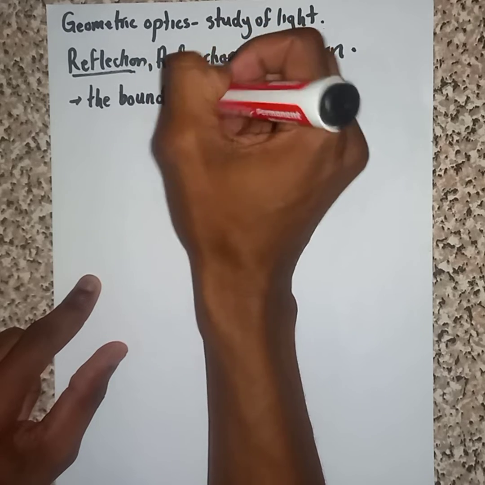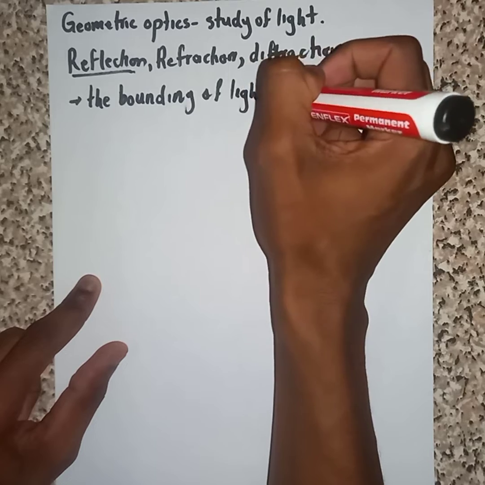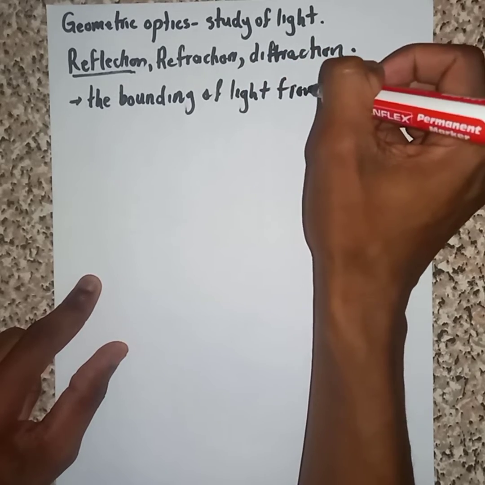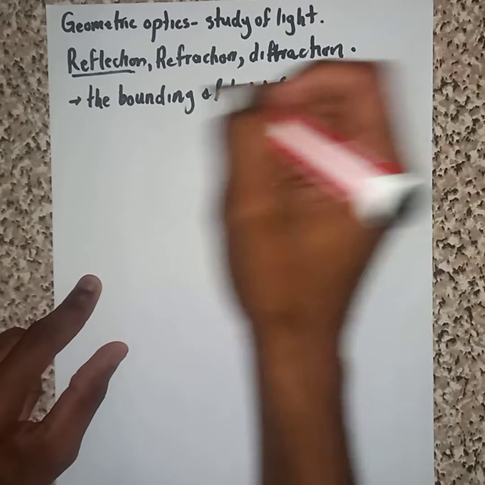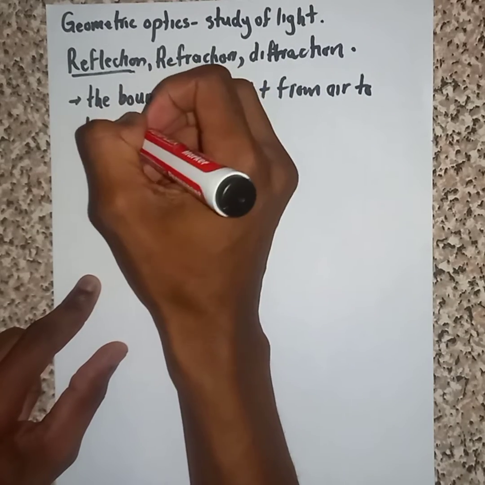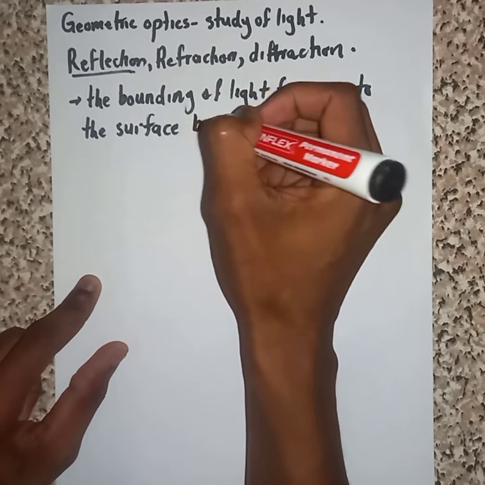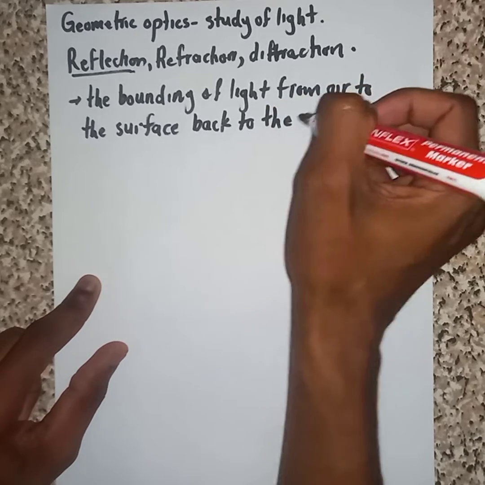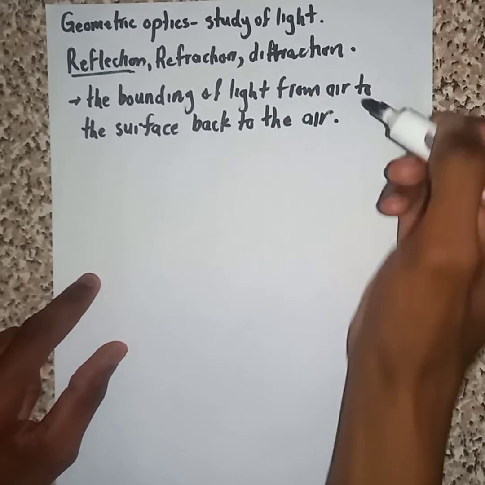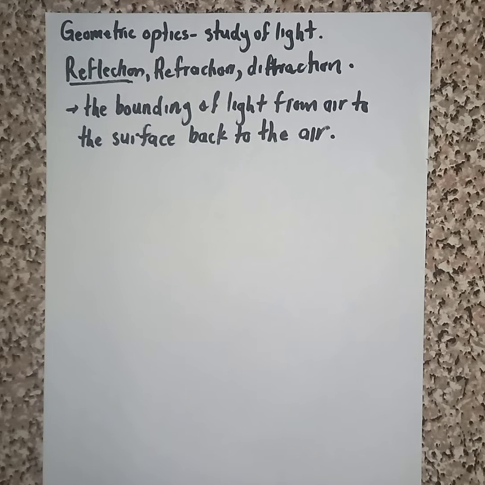Now, by definition, reflection implies the bouncing of light from the air to the surface and back to the air. This is the simple definition of reflection.